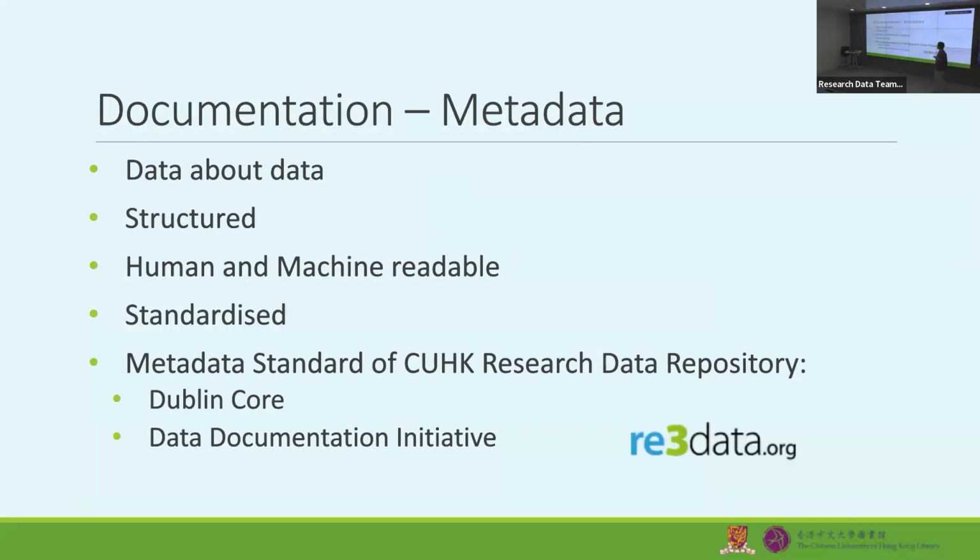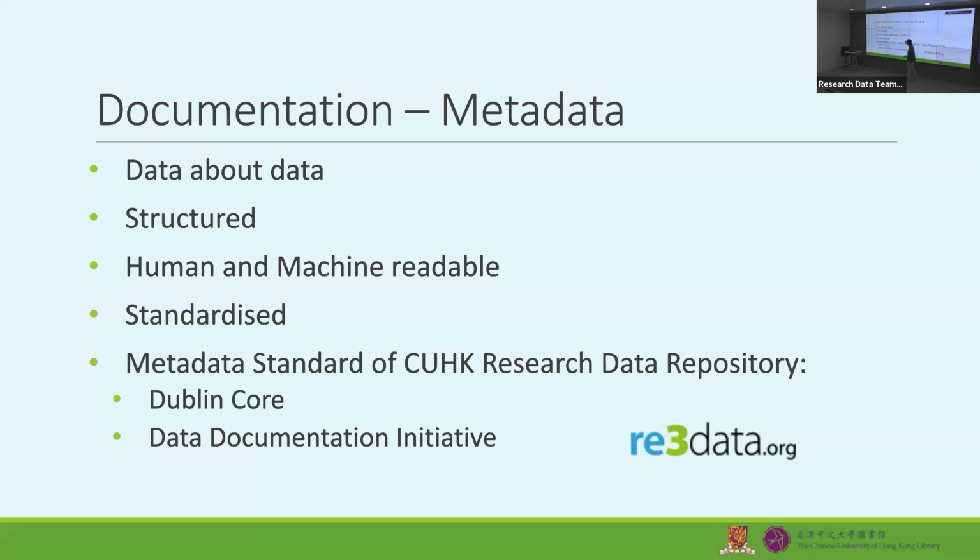This is creating data sets, which I have gone through. Just now we typed some description text and so on. They are the metadata, the data about the data sets. Metadata are data about data. It should be structured, human and machine readable. When you type it into the form, it is human readable, but when you click save, it automatically changes to machine readable, because it changes to JSON or other formats.